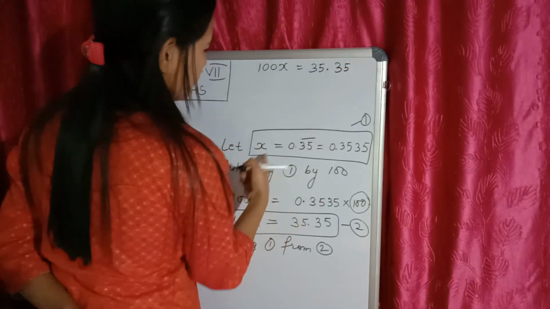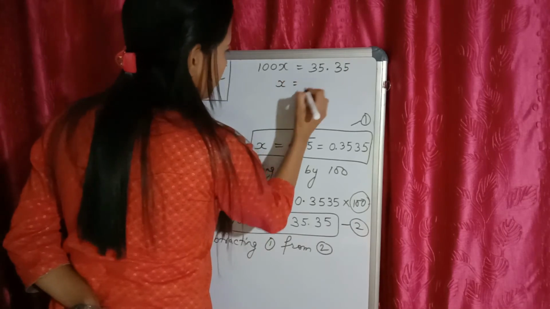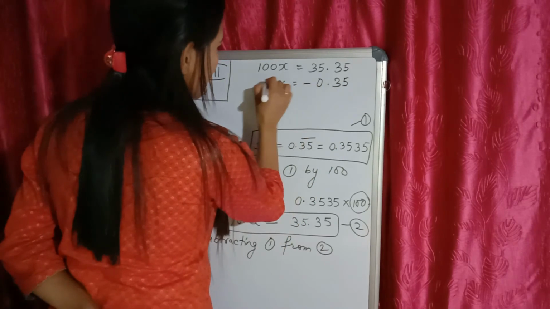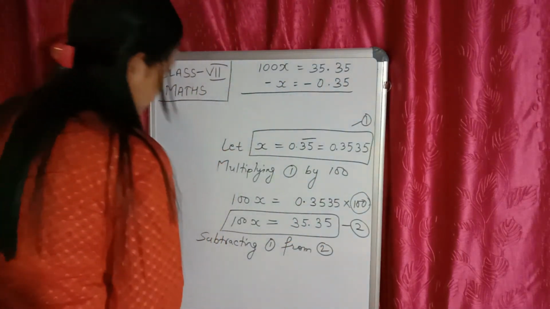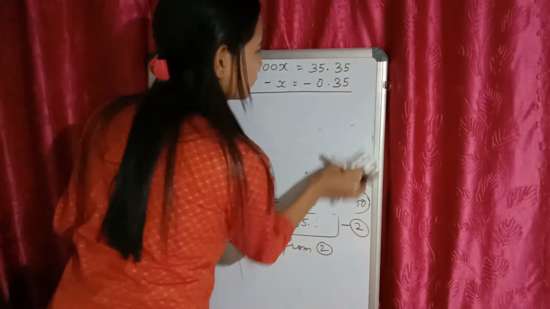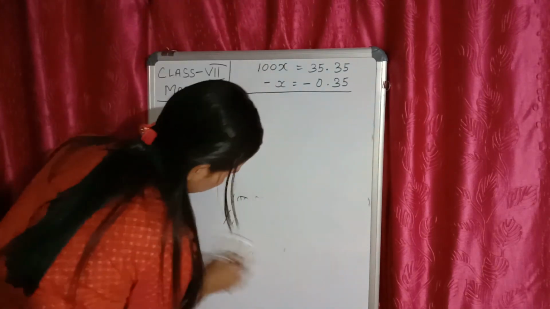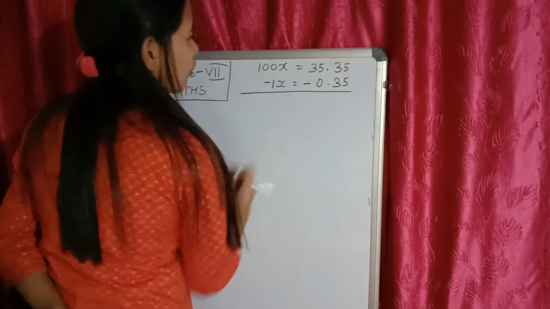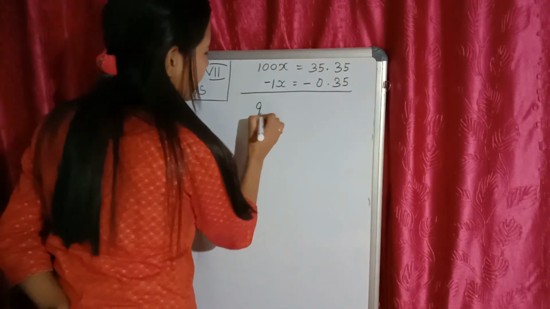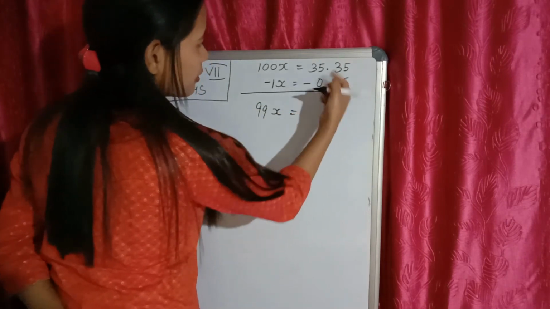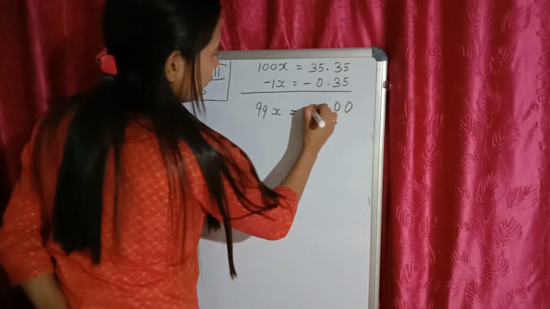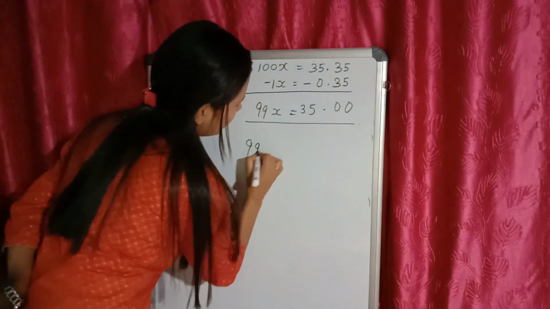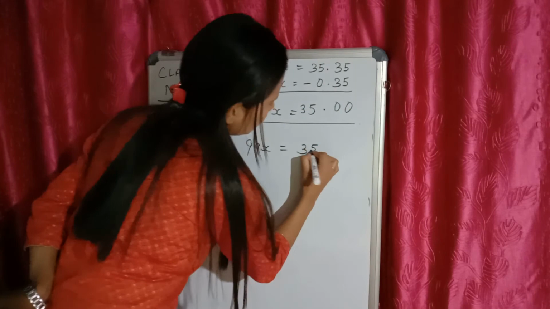And from equation 2 we are subtracting equation 1, that is x equals 0.35. So let us subtract. x has 1 as coefficient here, so 100 minus 1 is 99x. Let us subtract this: 0 minus 0, 5 minus 5, and 35 minus 0. We get 99x equals 35.